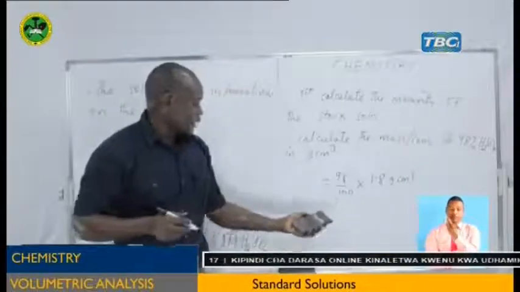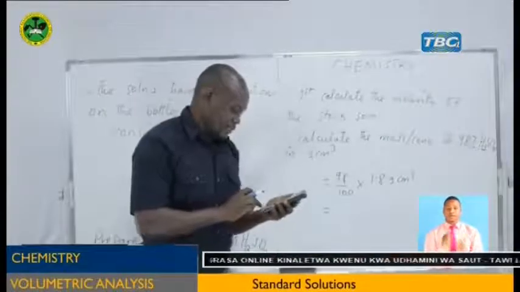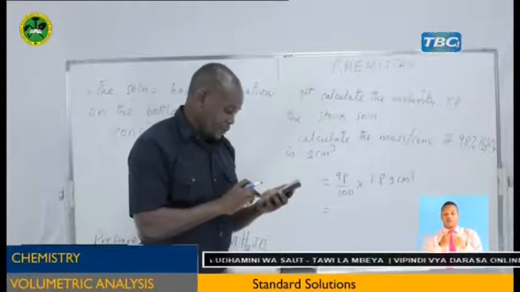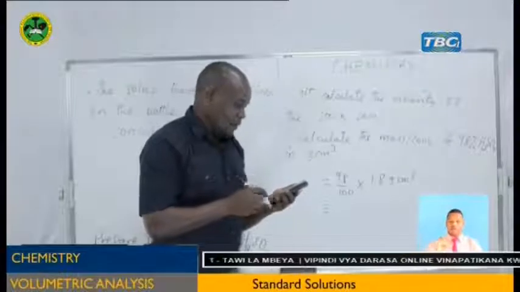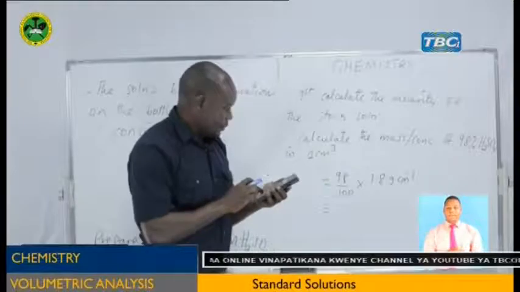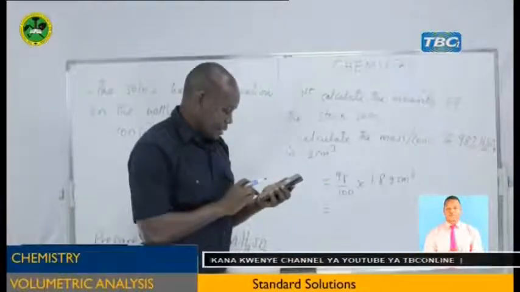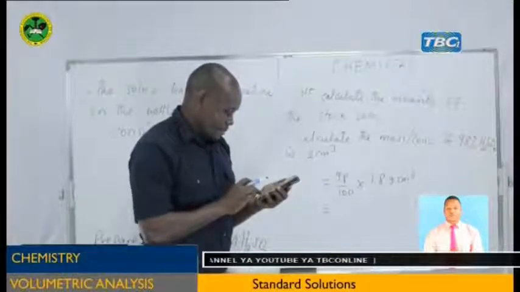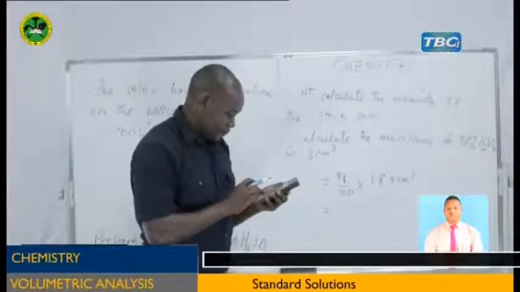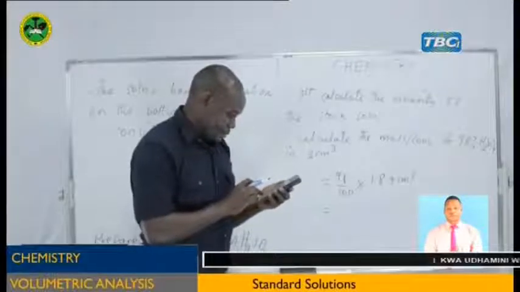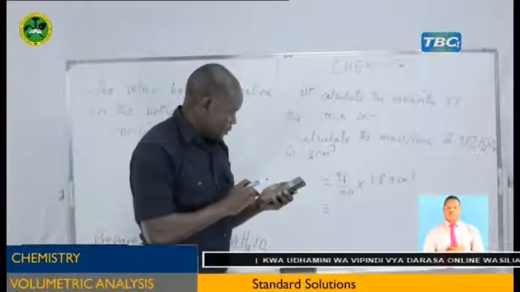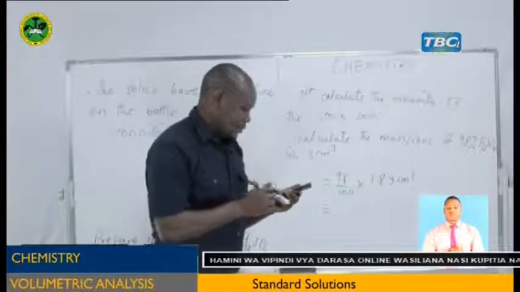Okay, my dear students, now if we calculate 98 divided by 100 times 1.8, what do we get?